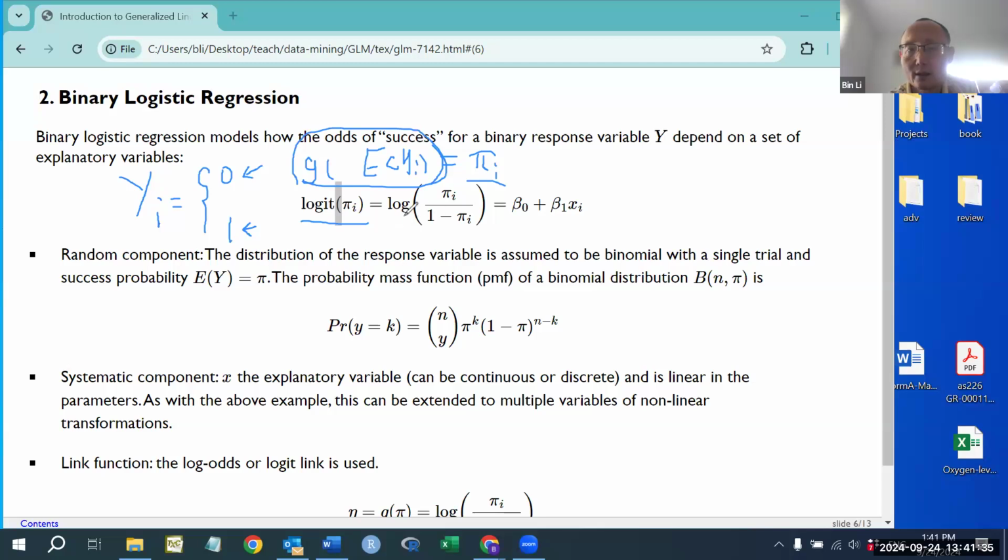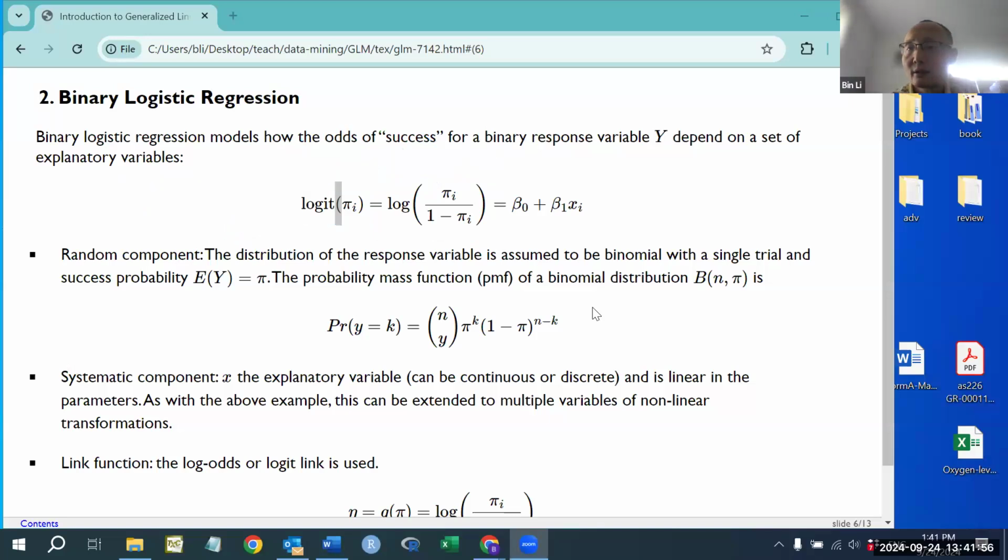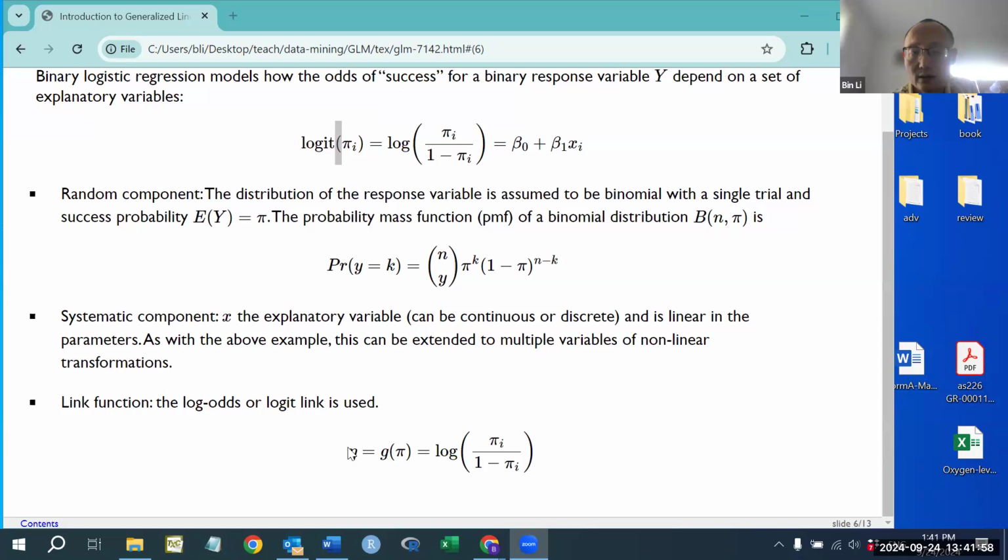I expanded it here: the log of pi i divided by 1 minus pi i. That is the logit function. So you can see the link function in the logistic regression is this one.